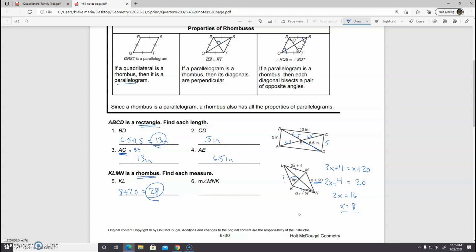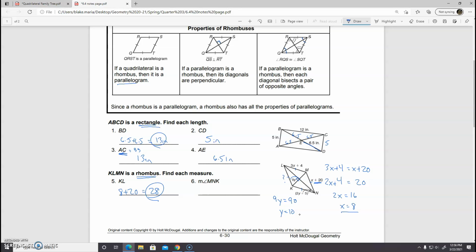Well, here's another y. Well, we know rhombus diagonals are perpendicular. So we know that 9y has to equal 90, which means y equals 10. Well, it's the same y that's here. So sometimes you don't necessarily use what's sitting right there. You can use other variables hanging out around your picture.